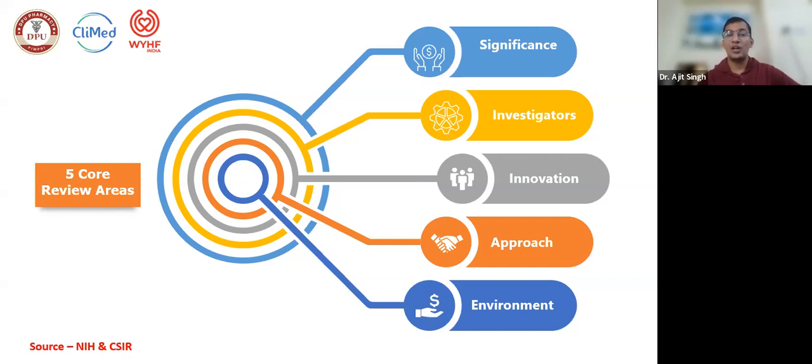Environment: how good is your college, your institution, your organization to support the research? That is very important for them. How are your teams? Those come under environment. So the reviewers review the proposal on these parameters: significance, investigators, innovation, approach, environment.